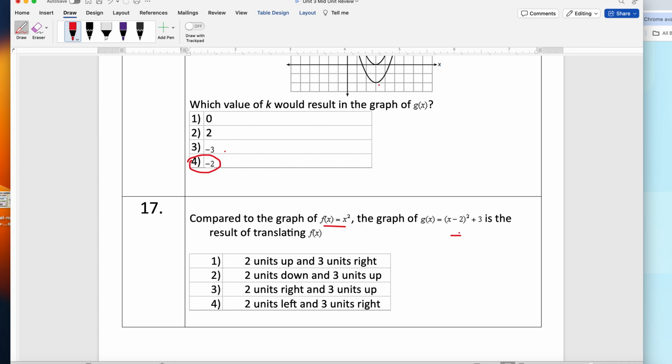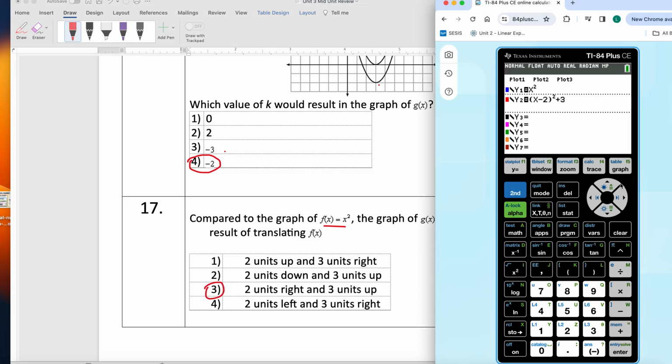And in this case, if it's minus, it's going right. So I know it's moving 2 units right. And this plus outside the parentheses means up and down, and it's going 3 units up. So 2 units right, 3 units up, that is number 3.